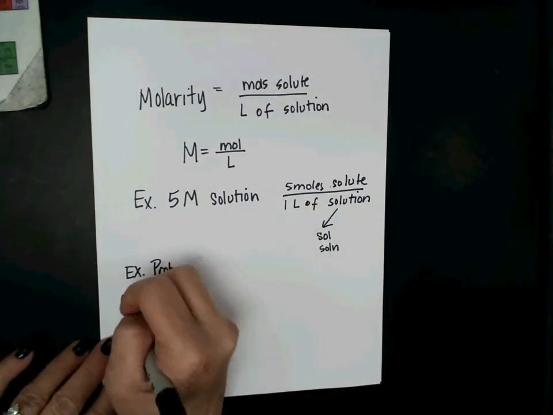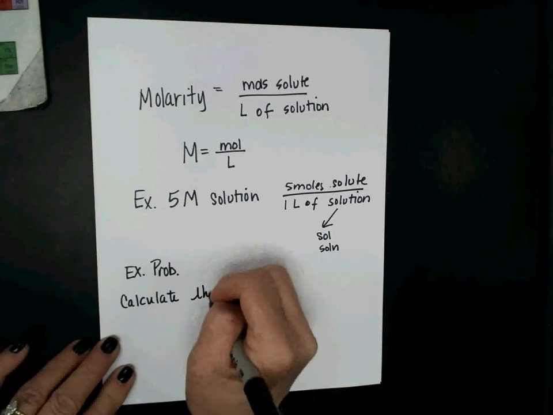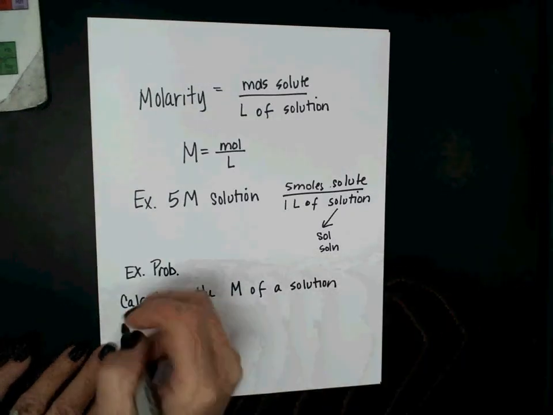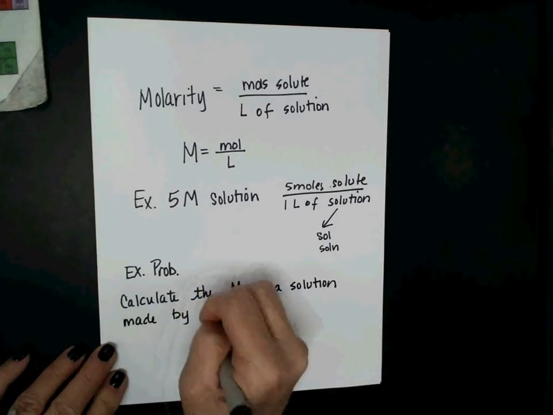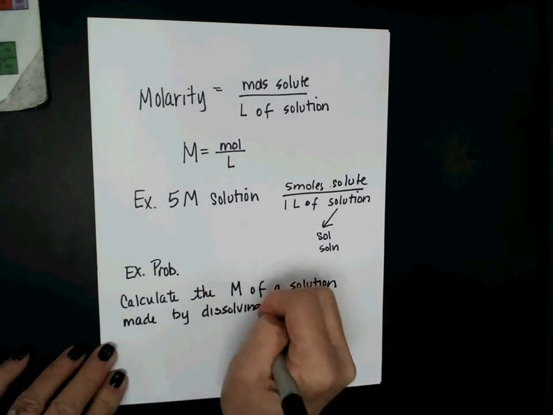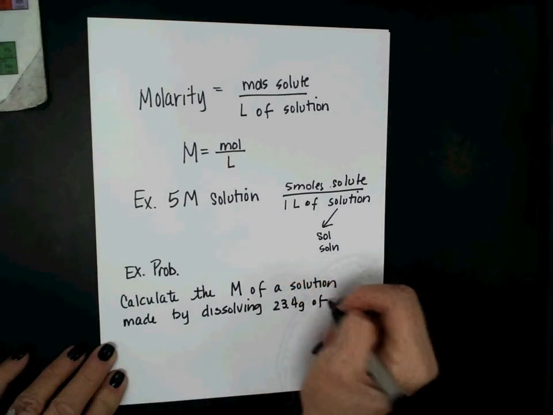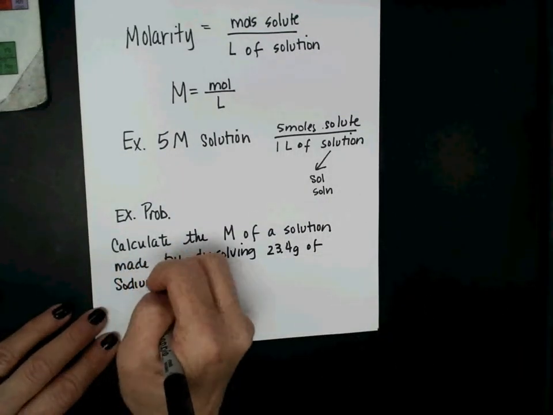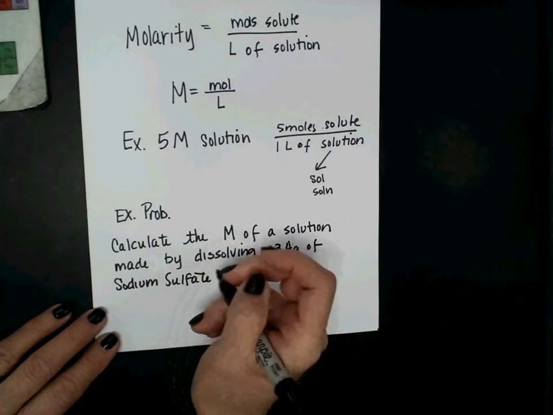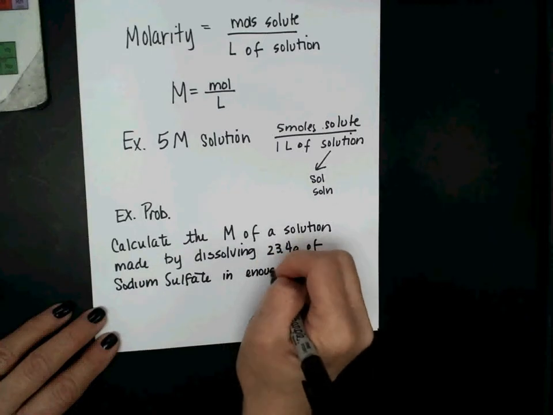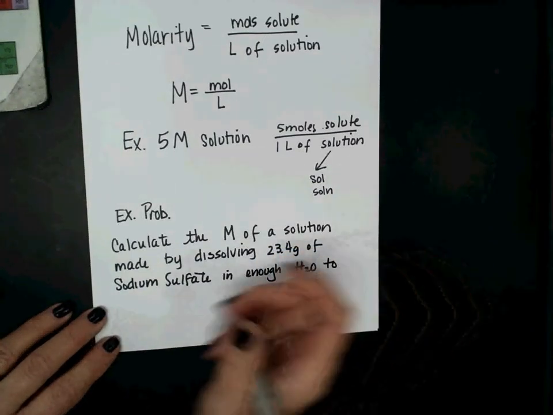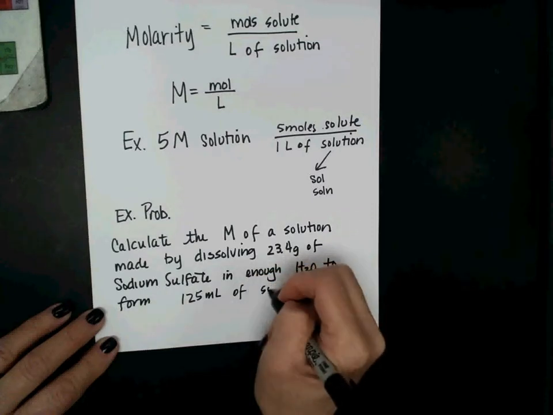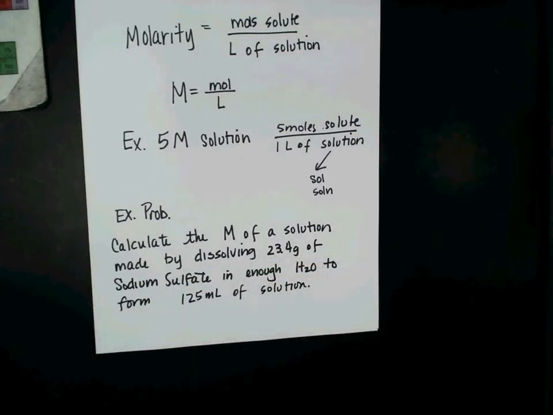Let's say calculate the molarity of a solution made by dissolving 23.4 grams of, what shall we use, sodium sulfate and enough water to form 125 milliliters of solution. I'll let you write that.